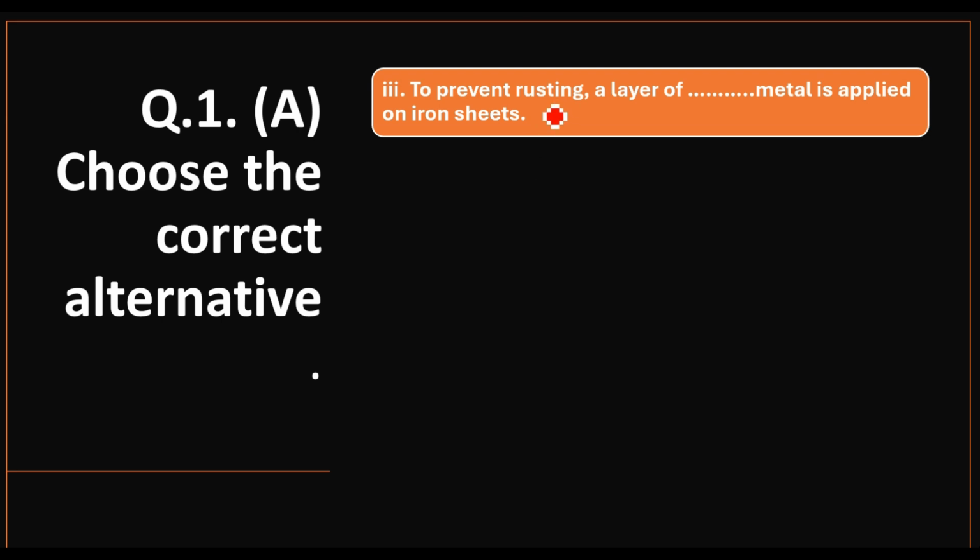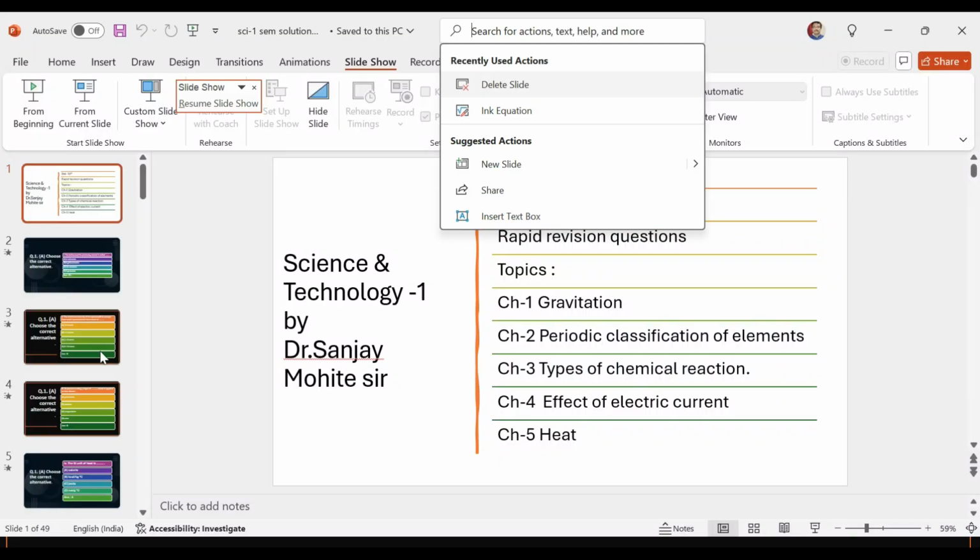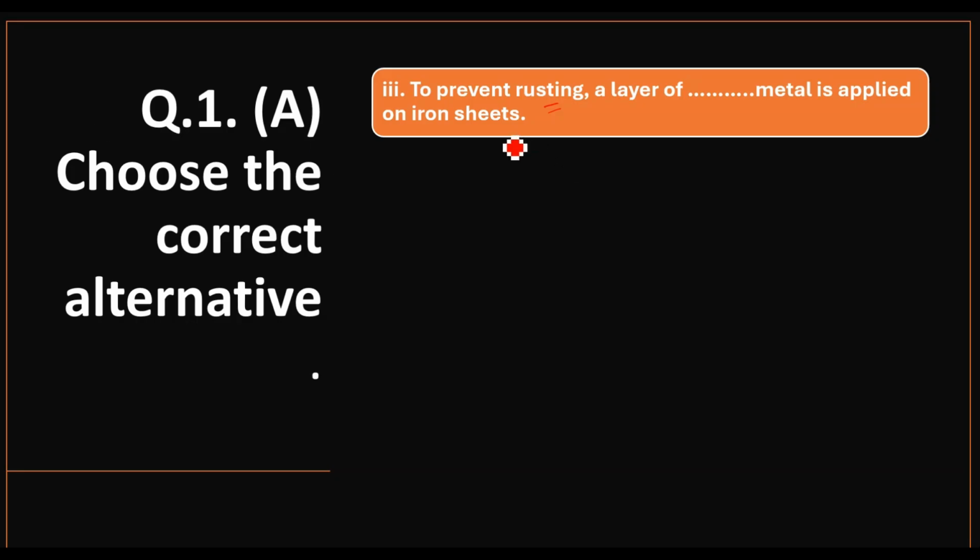To prevent rusting, this is a question based on the topic called periodic classification of elements. To prevent rusting, a layer of metal is applied on an iron sheet. We know that the atmosphere contains water, moisture, humidity, which is a cause of rusting.